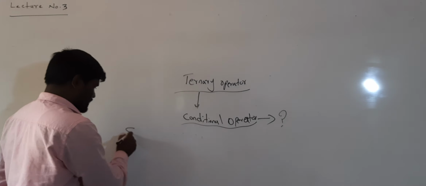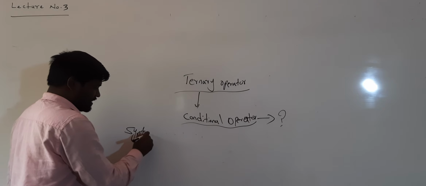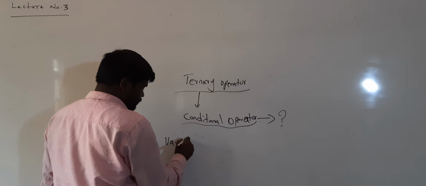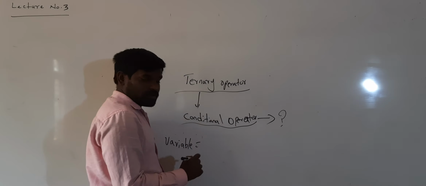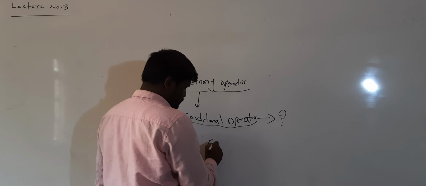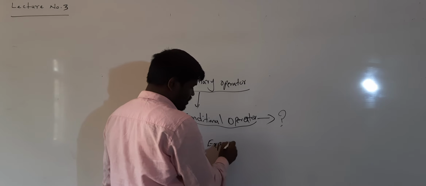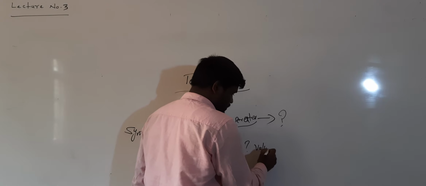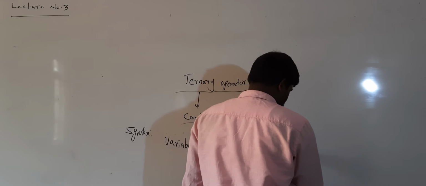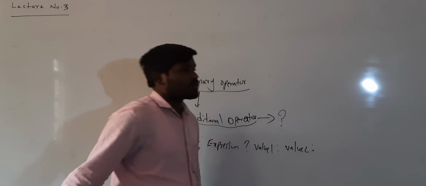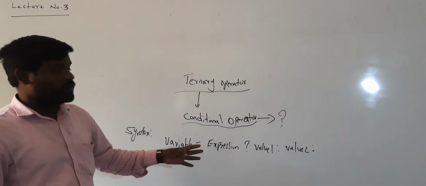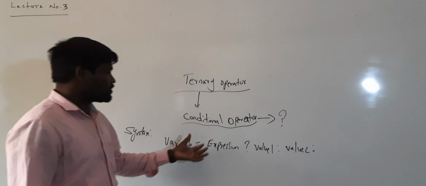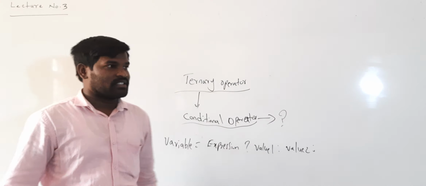Syntax here indicates the general format for the conditional operator: variable = expression ? value 1 : value 2; This is the syntax for the conditional operator or ternary operator, which uses three operands.